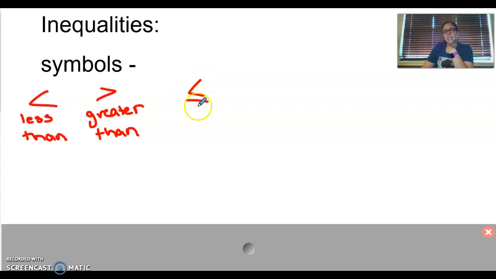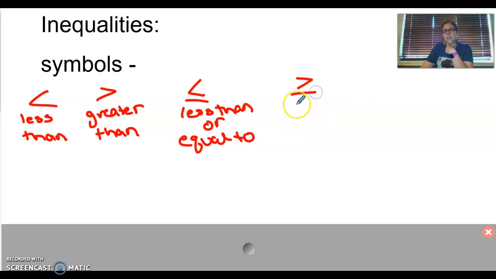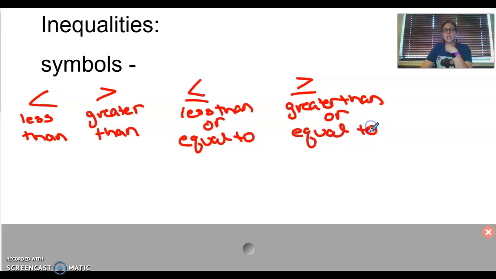So if it has a less than sign and then half of an equal sign, that's because it's less than or equal to a number. If it's greater than with a line underneath, then it's greater than or equal to. So remember to pause the video if I go too fast. Okay, so those are the symbols we need.